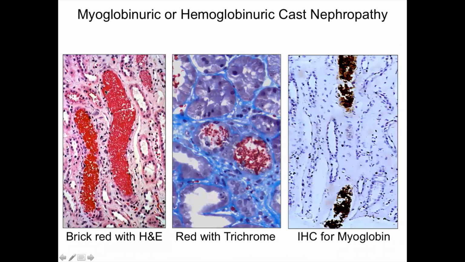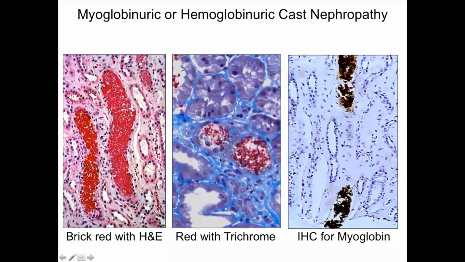With myoglobinuria, the casts will be red on trichrome. Myeloma casts first of all have a kind of giant cell reaction around the cast. On H&E they are fractured, like broken glass, they have fractures within them, and they have a cellular reaction around them.